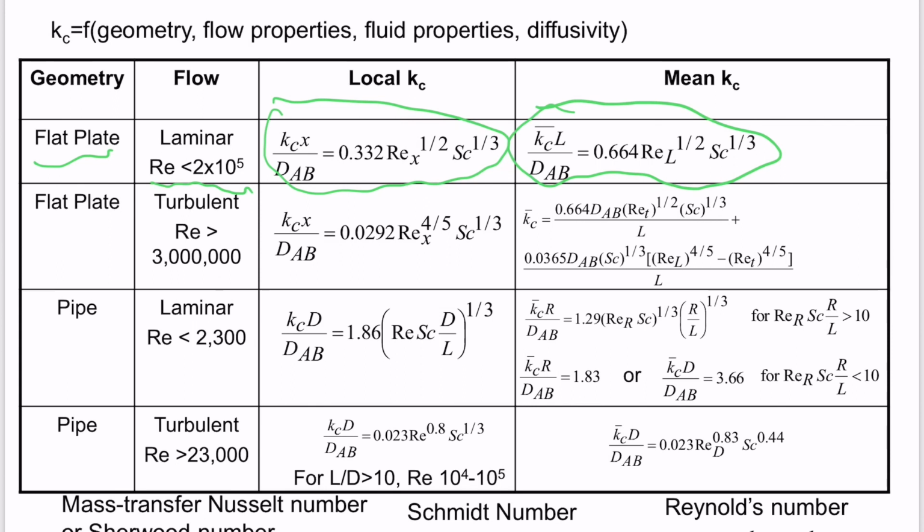And notice the Reynolds number is based on X. So as you increase X, as it flows down the flat plate, the Reynolds number actually increases. So if the plate is long enough and you get to a Reynolds number of 3 million, then you're definitely turbulent. Between 200,000 and 3 million is transient. It's transitioning. If you're over 3 million, you can definitely use this.